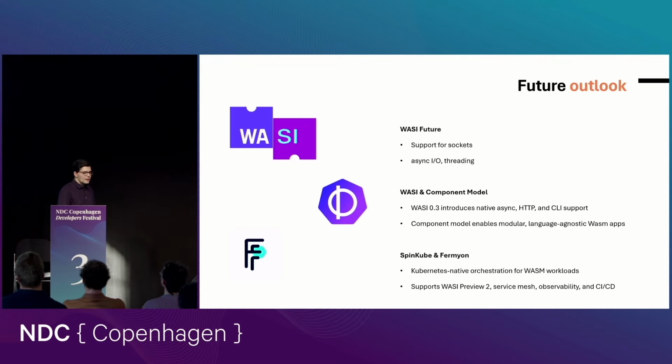So lastly, I wanted to also look at the future outlook. For WASI, there is coming support for sockets. There is incoming support for I/O and threading, which is a great benefit as well. WASI 0.3, which I think is coming very soon, introduces native async, HTTP, and CLI support.